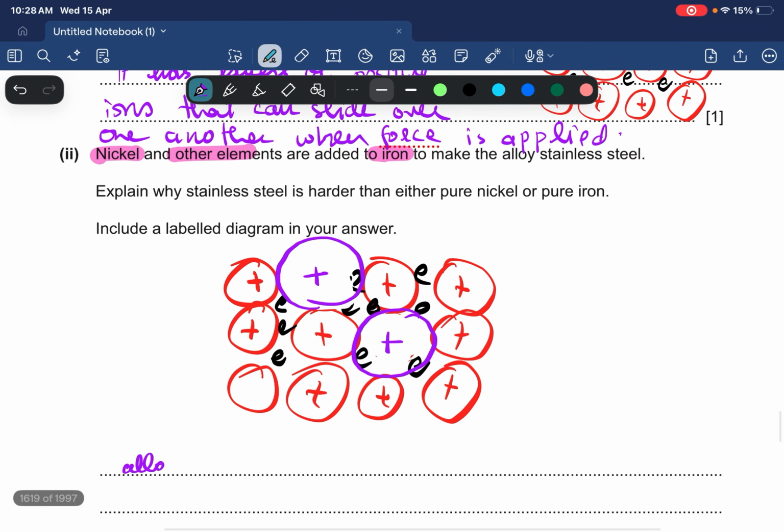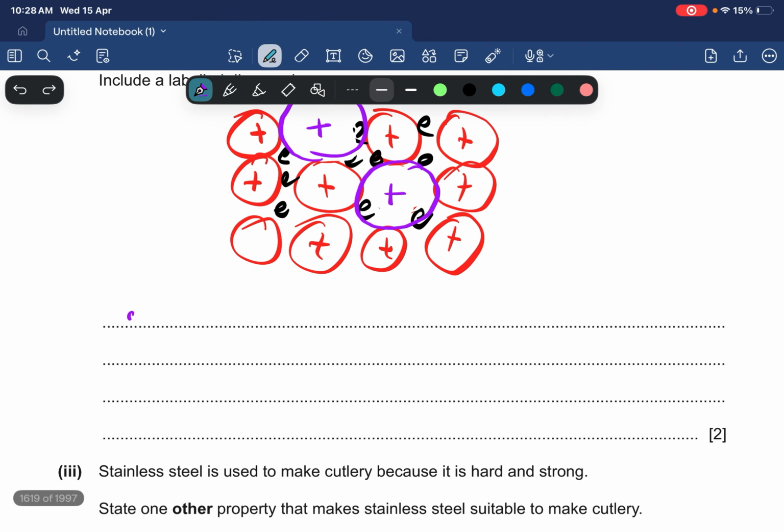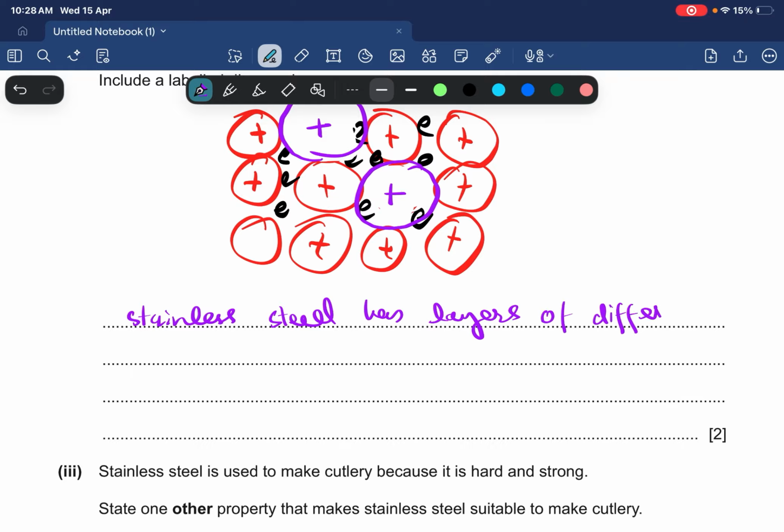What the question says, explain why stainless steel is harder than either pure nickel or pure iron. Stainless steel has layers of different sized atoms which don't slide over each other.